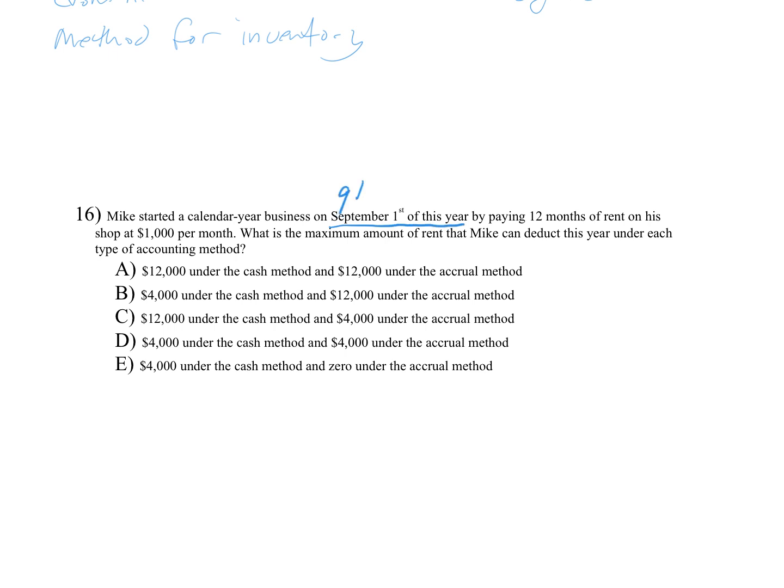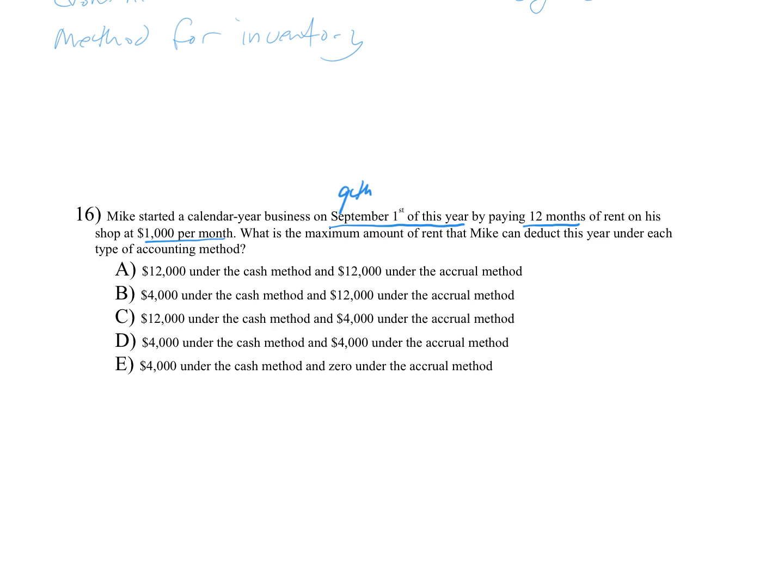September is the 9th month. He paid for 12 months of rent right now, and it's $1,000 a month. What is the maximum amount of rent that he can deduct this year under each of the following circumstances? Okay.